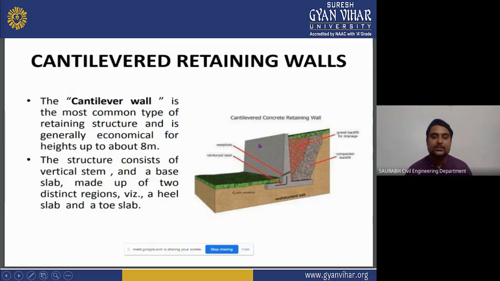The structure consists of a vertical stem and a base slab made up of two distinct regions, a heel slab and a toe slab. As you can see here, there is a weep hole, and reinforcement steel is also provided in the cantilever retaining wall. And this is your gravel backfill for the drainage, and that is your compacted backfill. These are all the components of a cantilever concrete retaining wall.